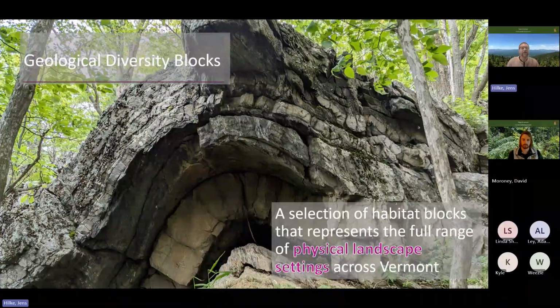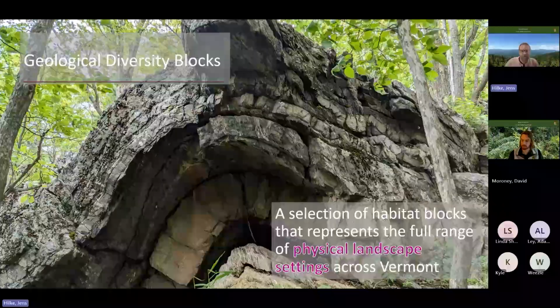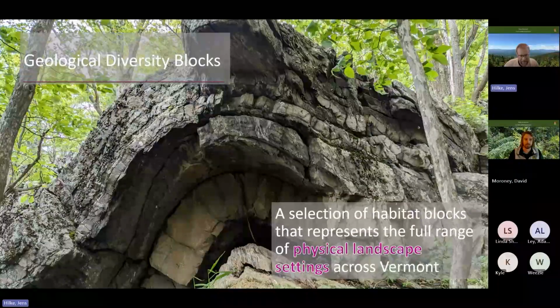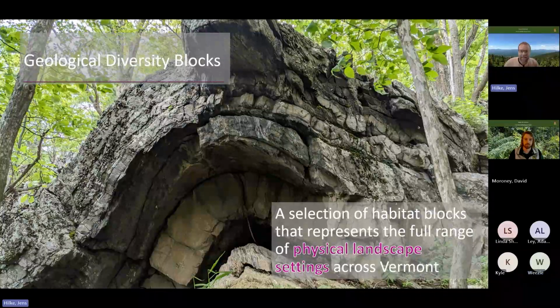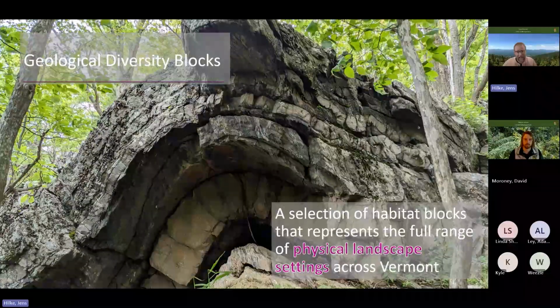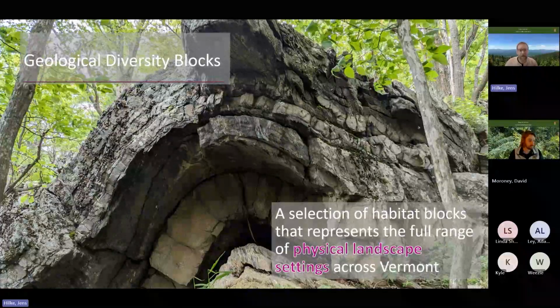Okay, so geological diversity is a selection of habitat blocks that represents the full range of physical landscape settings. So the physical landscape, geology, slope, aspect, topography. That's the stage that the actors, individual plants and animals, are moving around on.